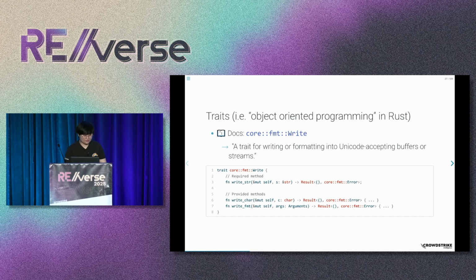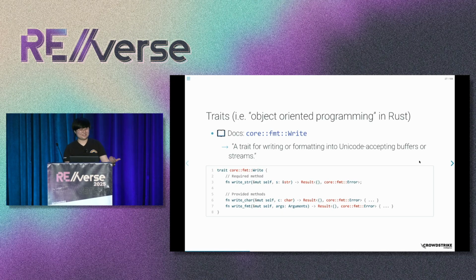So in this example here, we have a standard library trait called core format write. And this is a trait that if your concrete type is a Unicode accepting buffer, so if you're a string buffer type, or some sort of IO stream type, then it probably makes sense for you to implement this trait.